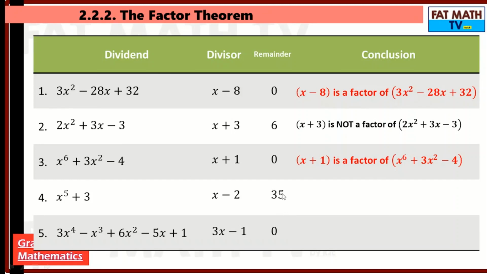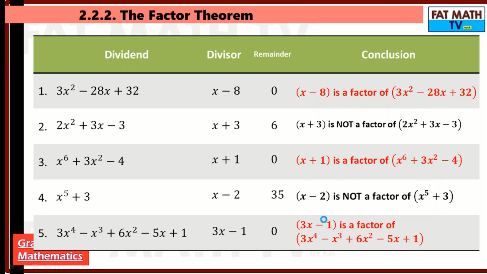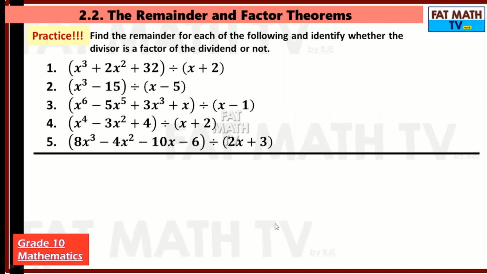And then in the fourth example, our remainder is 35. So the divisor is not a factor of the dividend. And number 5, the remainder is 0. Therefore, 3x minus 1 is a factor of the dividend. So the factor theorem says that if the remainder is 0, then the divisor is a factor.